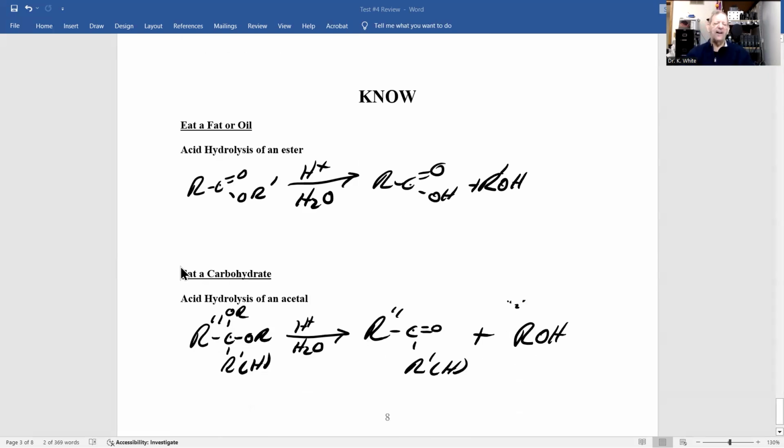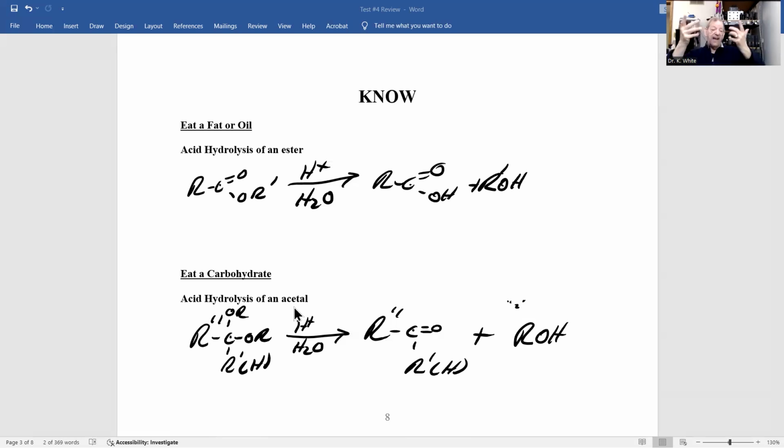Eating a carbohydrate, you should know, leaving my class, how to describe with words and a general reaction what happens when you eat a carbohydrate. And the functional group that holds together glucose molecules in a carbohydrate is an acetal.